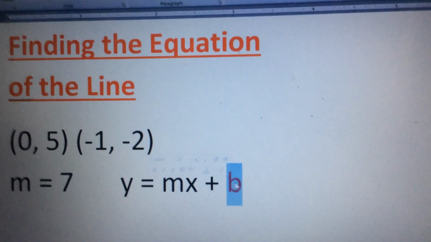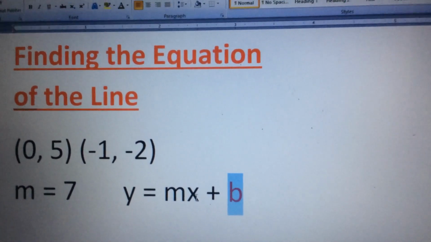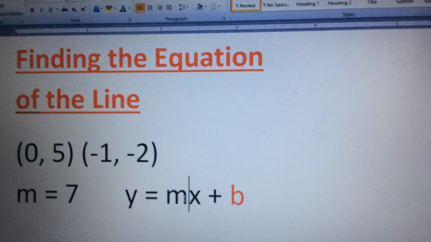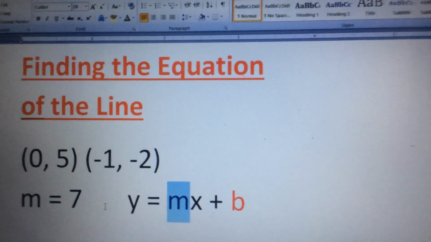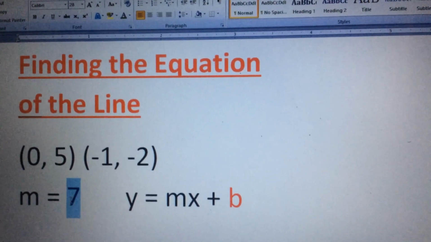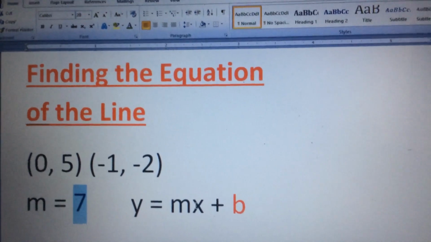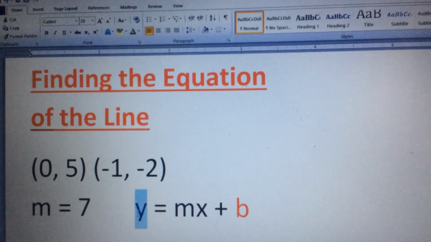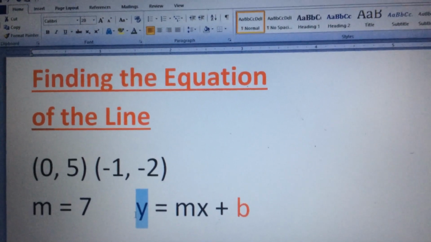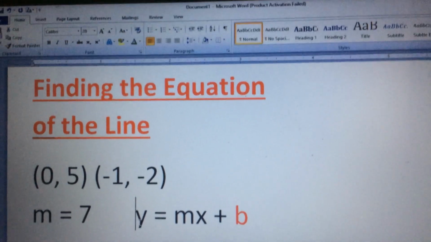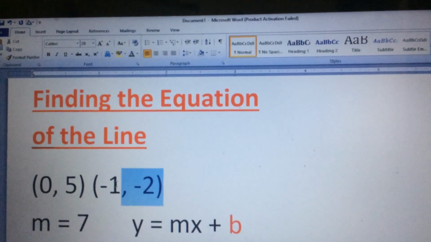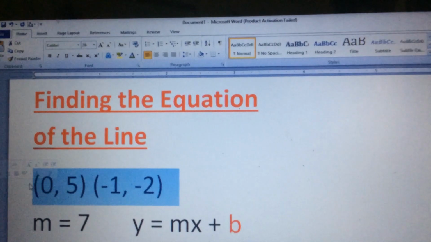We can get this b by substituting the value of m, which is 7, and the values for x and y. Now, how do we get the values for x and y? We can get it from any of these two ordered pairs.